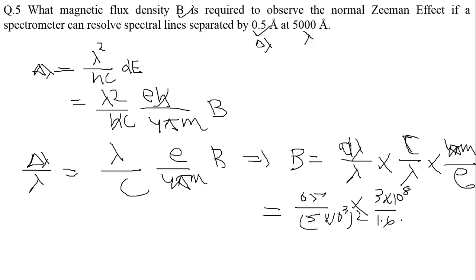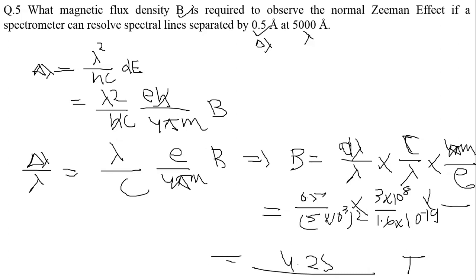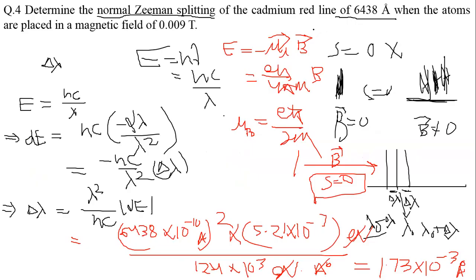Then e is 1.6 into 10 to the power minus 19 coulomb, and we put the value of m, and we get B in terms of Tesla. If we calculate, the value will be 4.28 Tesla. So if we place the atom in a magnetic field of strength 4.28 Tesla, then the spectral lines will be separated by 0.5 Angstrom at 5000 Angstrom. So you can notice one thing. Can anyone tell me what you are noticing in these two questions?